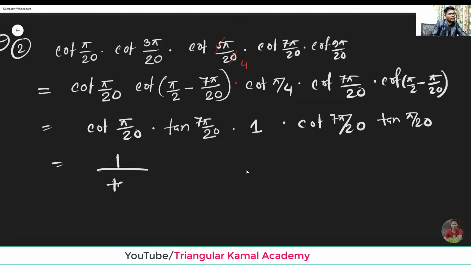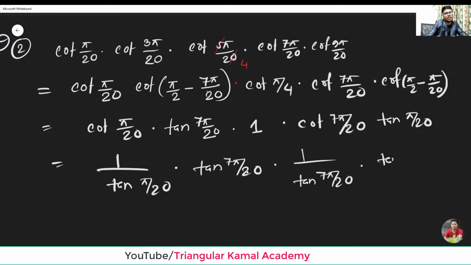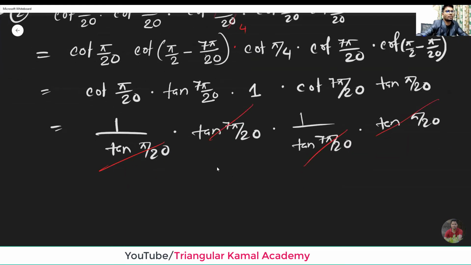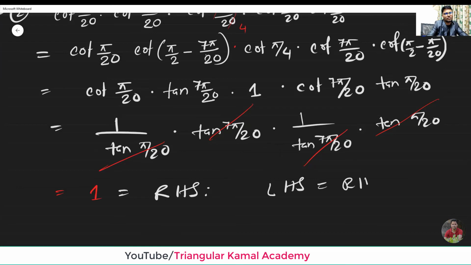Like this is 1 by 10 pi by 20 multiply 7 pi by 20. So we can eliminate this, same angle. So this answer is 1, and which is our right side. So left hand side equal to right hand side and proved.